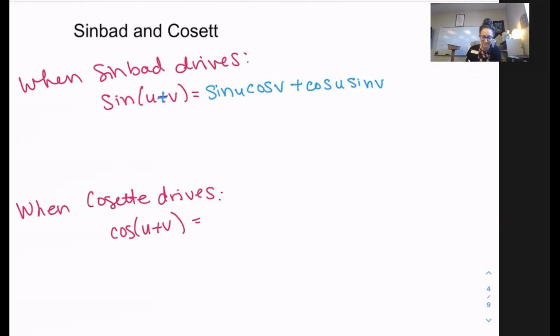But when Cosette drives, Cosette and Cosette's sister sit in the front seat. She makes sure everybody knows her and Sinbad's signs are not the same, and Sinbad and Sinbad's brother both sit in the back, okay? So you probably already had those written down, but that is one way that helps keep track of those formulas.